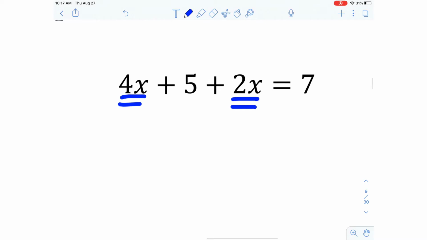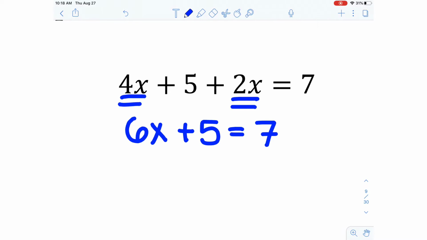We've solved equations like this, so I'm going to finish solving this one. When I have variables that are on the same side of the equal sign, I can just combine like terms. So 4x and 2x makes 6x plus 5 equals 7. Let's finish solving this. I'm going to get x by itself, so I'm going to start by subtracting over 5.